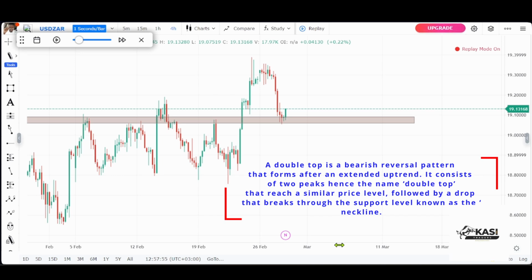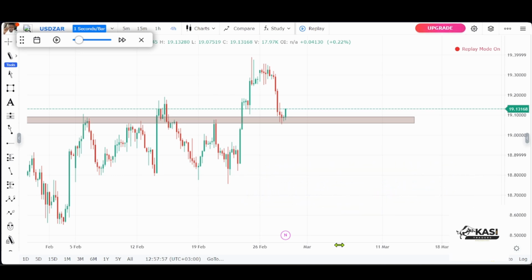It consists of two peaks, hence the name double top, that reach a similar price level, followed by a drop that breaks through the support level known as the neckline, and I'll show you what I mean in a moment. Essentially, the pattern signals that buyers are losing momentum and sellers are starting to take control.